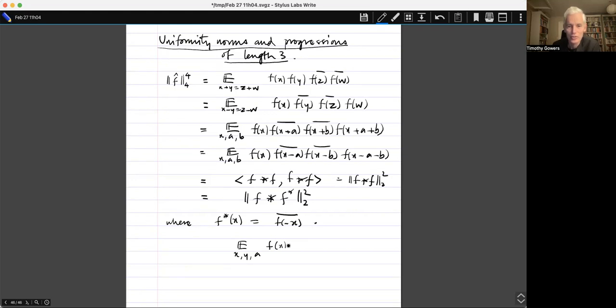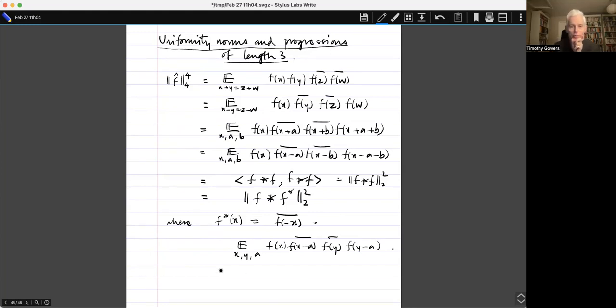So we get f of x minus a, f of y minus a. If you write it like that, then I think it becomes quite easy to show that it's equal to this, because that is a convolution of f with f star evaluated at a.